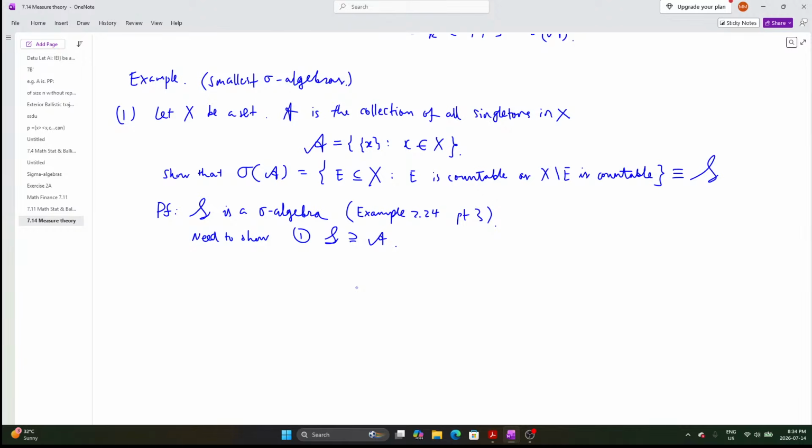And what about the smallest part? How about what is the smallest sigma algebra of all the singletons except exactly 1? Huh. Yeah. Okay. Here, let's work on this one. So 1 is A is a subset of S. Okay. And second, we need to show the smallest. How do we show the smallest?